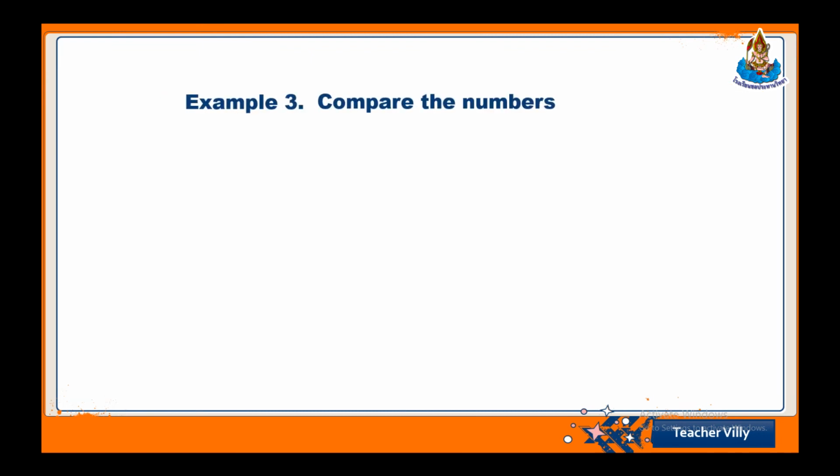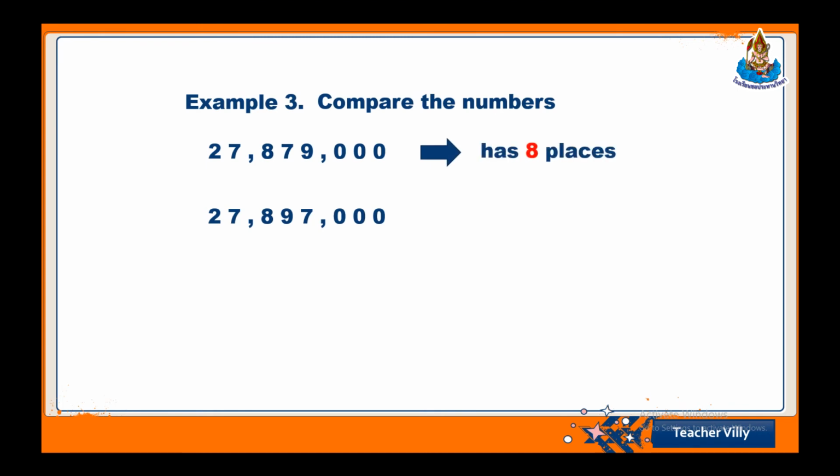Let us compare the numbers 27,879,000 and the number 27,897,000. Okay, so this number has 8 places or 8 digits.